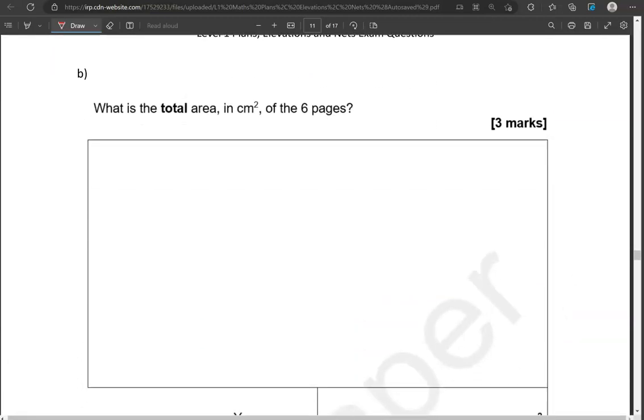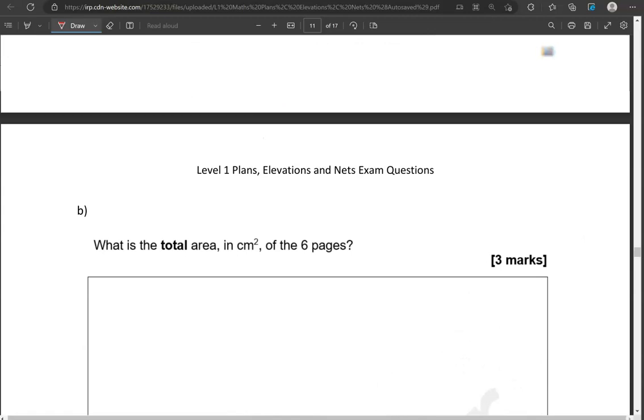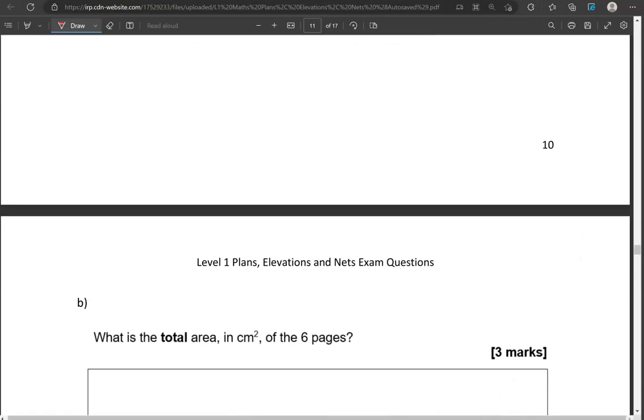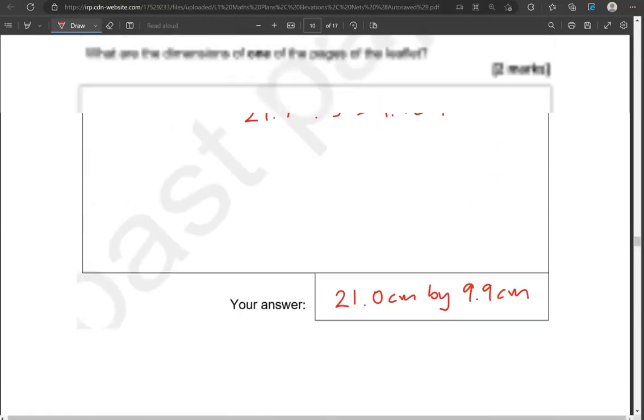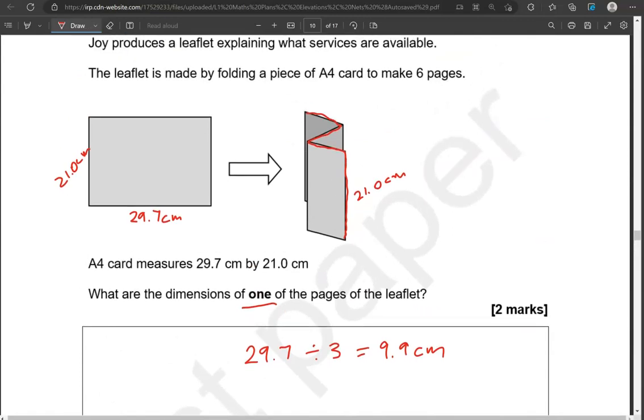What is the total area in square centimeters of the 6 pages? So the 6 pages, the area for the 6 of them will be equal to the area of the card multiplied by 2. It's like front and back.